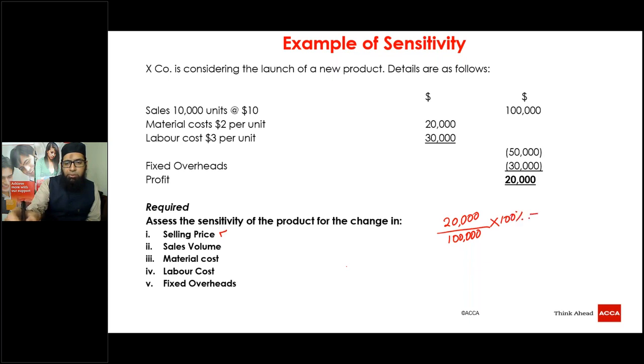So it should be 20%. Similarly, we can calculate for material cost, labor cost, fixed overhead, sales volume, etc. So this is all about the risk topic.